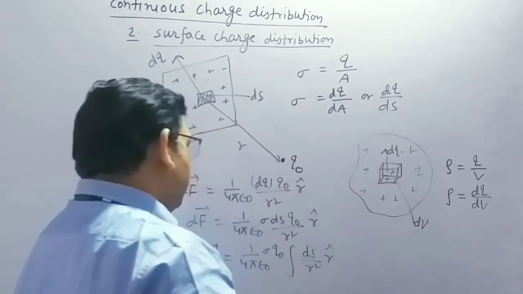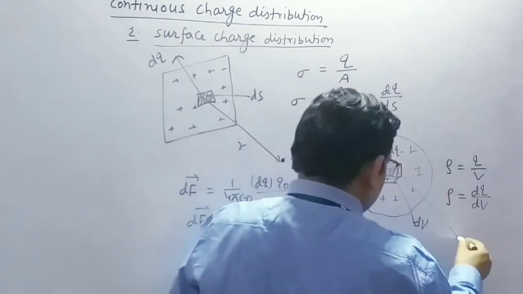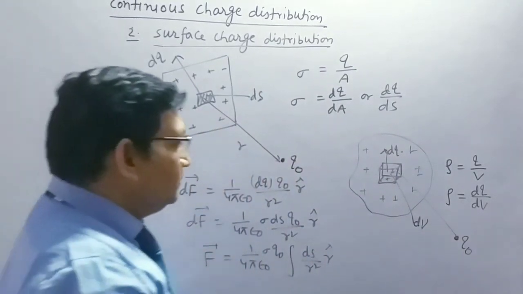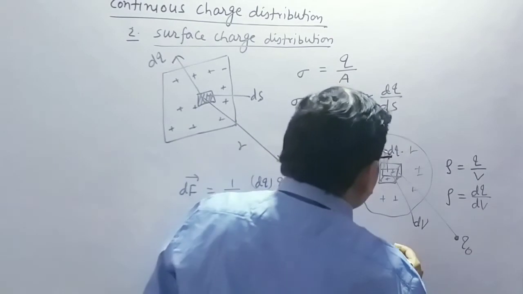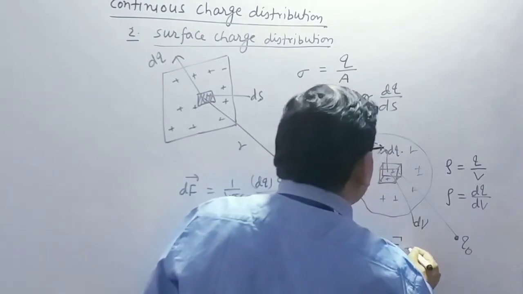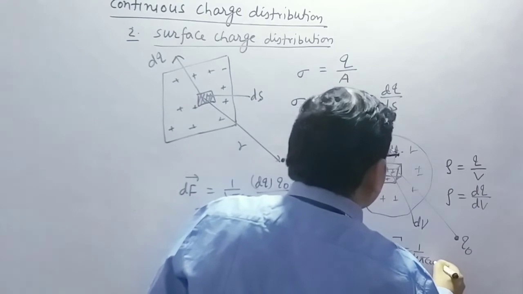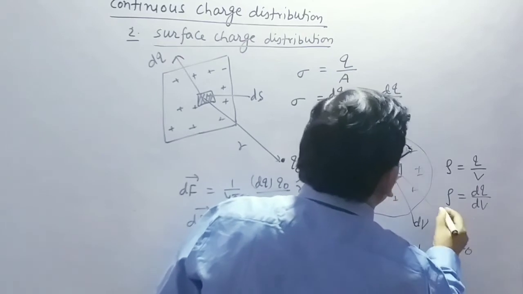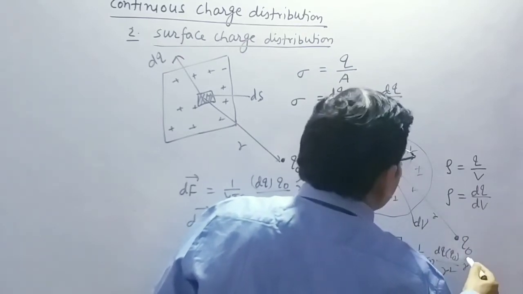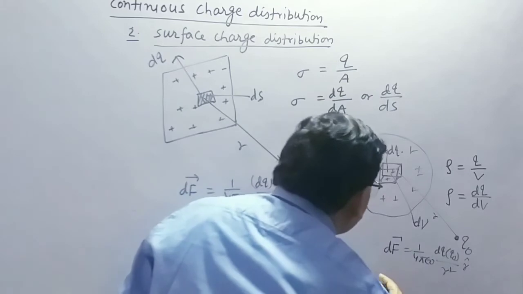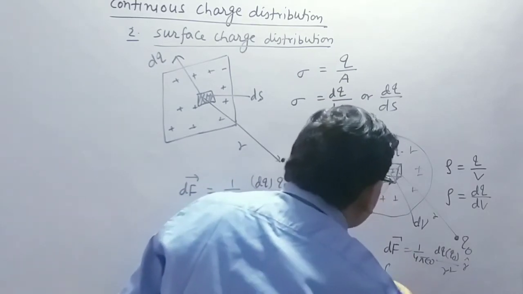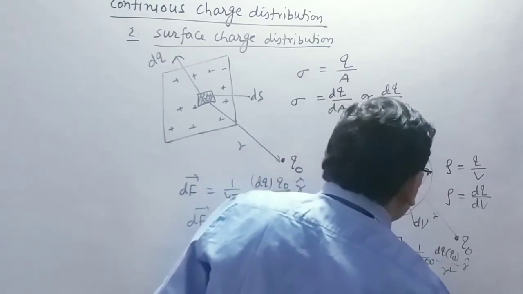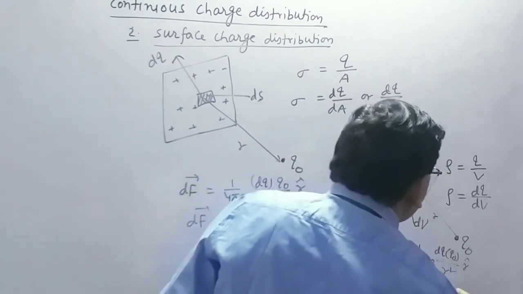In the same way, if you want to calculate the force on this charge q naught due to the charge in a small volume dV, one can write the force as 1 by 4 pi epsilon, the small amount of charge dq, q naught by r square, with r as the unit vector. So the total force can be written by taking the integration.